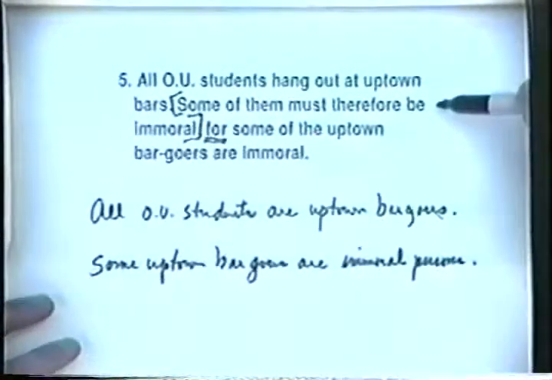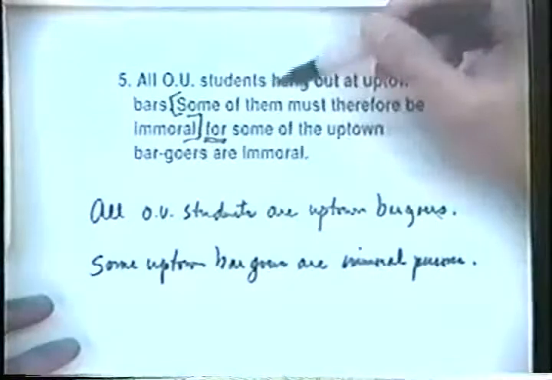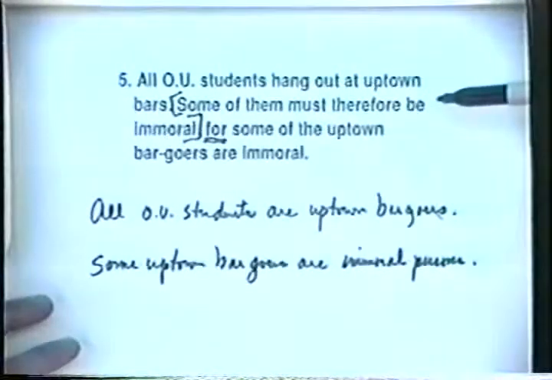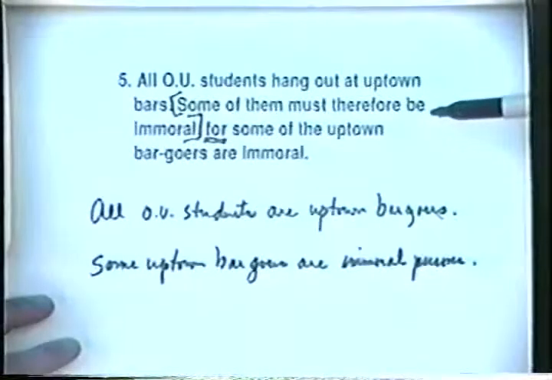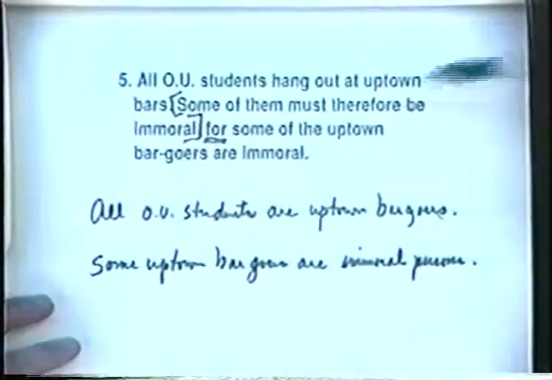And now the conclusion. Some of them must therefore be immoral. Some of who? Well, some of the OU students, the people who are hanging out at the uptown bars. So, some OU students are immoral.